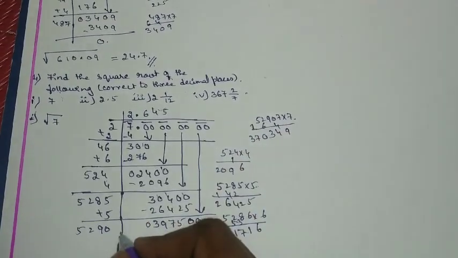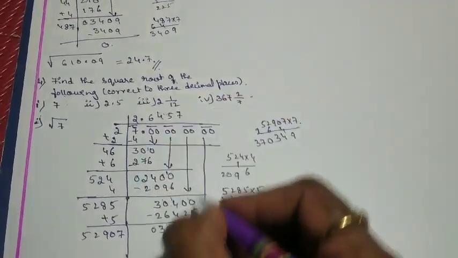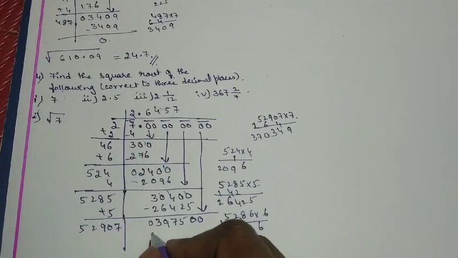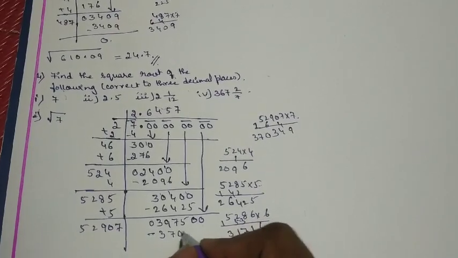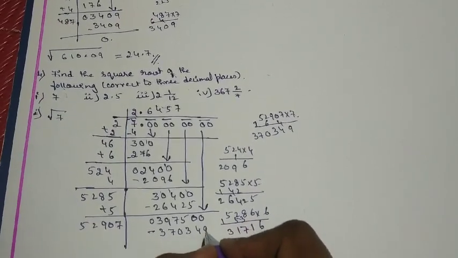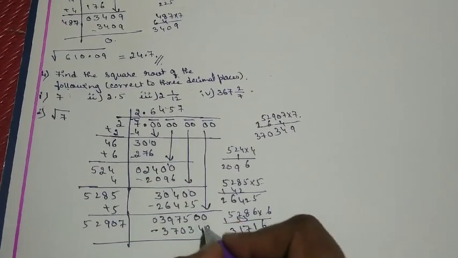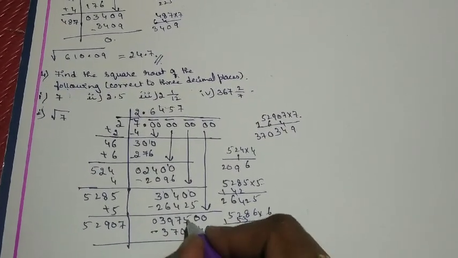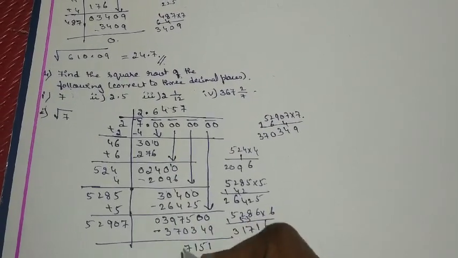So this is only nearer. So I'll go with the 7. The answer is 370349. Then subtract: 10 minus 9 is 1. 9 minus 4 is 5. Then 4 minus 3 is 1. Then 7 as it is. 9 minus 7 is 2.